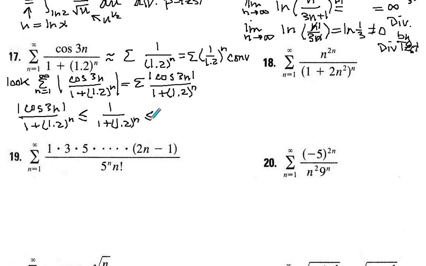So this is actually less than or equal to 1 over 1.2 to the n. And so by direct comparison, we got this guy here, which is the same as this. That's geometric. It converges. Okay, so then we would end up here by saying, since the sum of this one converges, that is, the sum of the absolute value series converges, so then the original one does too. And that's by the comparison test. So this is direct comparison.